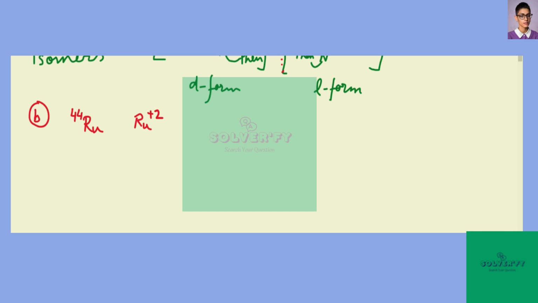When it is not in the form of ion, its electronic configuration is krypton, the nearest noble gas, and after that we can write 5s2 4d6.